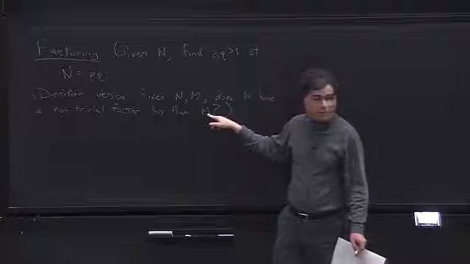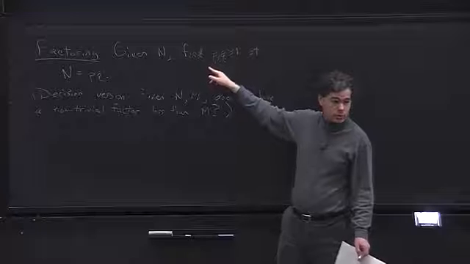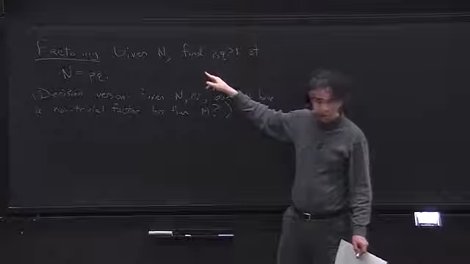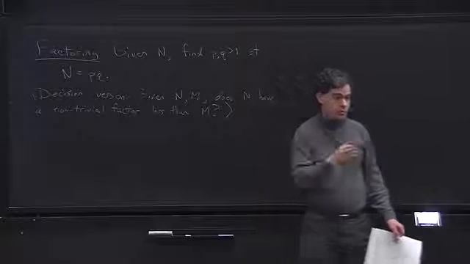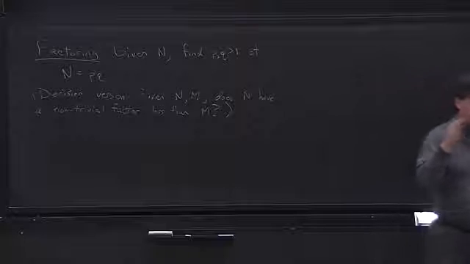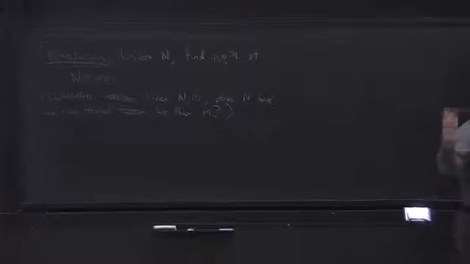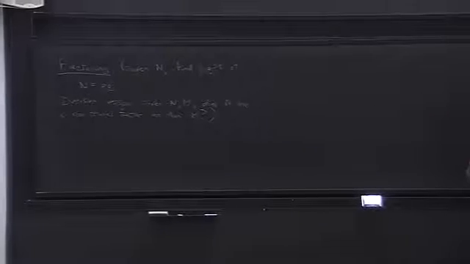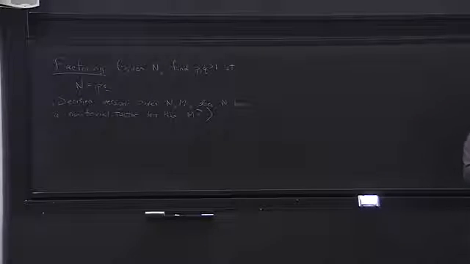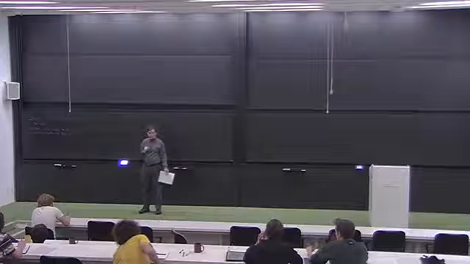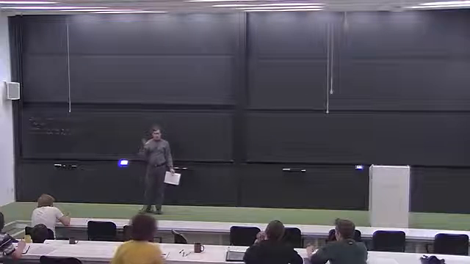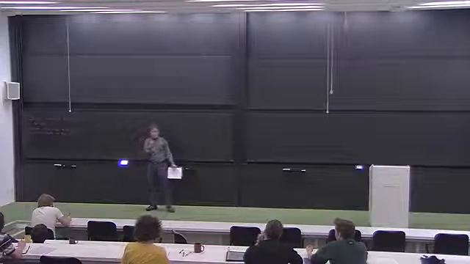But just trying one value of m is not enough to tell you what the prime factors are. Yeah, so you want to do a binary search. You start out with the square root of n to answer the question of whether it's prime or not. If it's not prime, then we try the square root of n over 2.